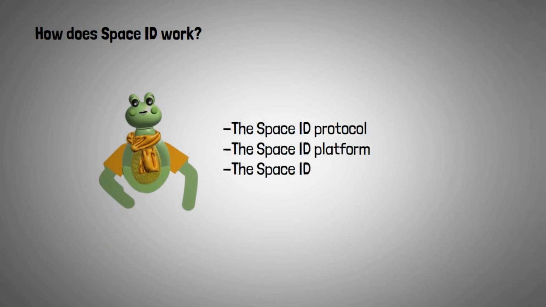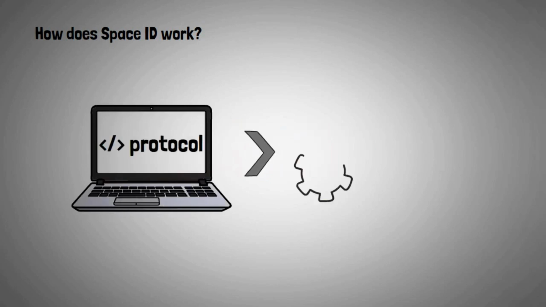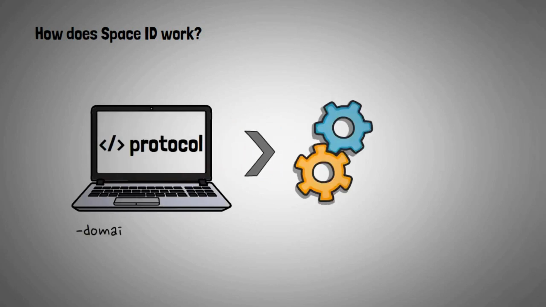How exactly does SpaceID work? At the heart of SpaceID's modular and scalable architecture are three main components: the SpaceID protocol, the SpaceID platform, and the SpaceID DAO. The protocol is like the machine that powers the entire system, providing core functionality for Web3 domain registration, resolution, and management.